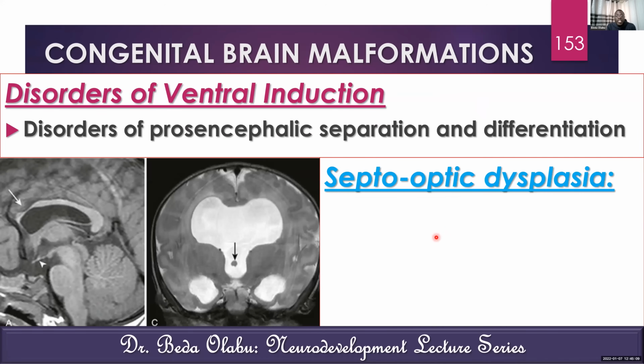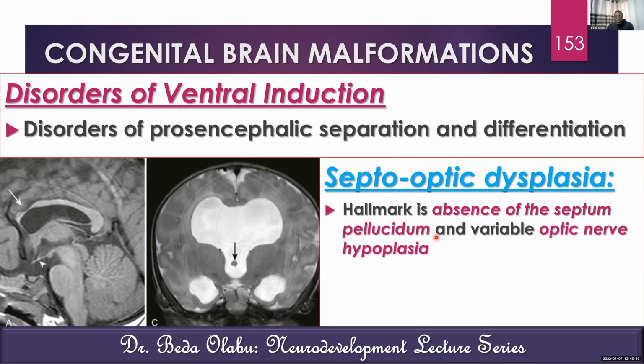Also related to holoprosencephaly, a less severe form of the spectrum, sometimes we consider it so, is what we call septo-optic dysplasia. In septo-optic dysplasia, the abnormality is in the septum pellucidum, which is lacking, and there is hypoplasia of the optic nerve, optic tract pathway.